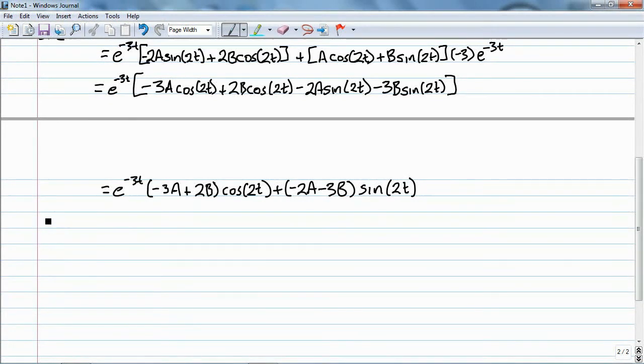Now I can put this back into my differential equation, and I'm going to specify that we're just putting the non-homogeneous solution in there. And I already know my derivative.